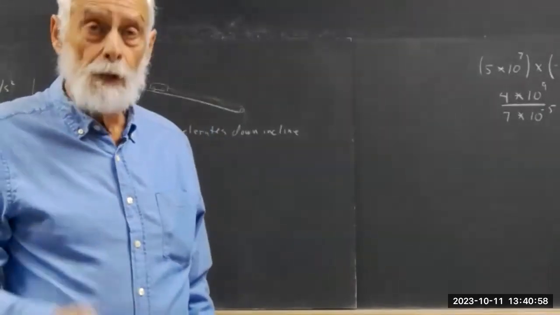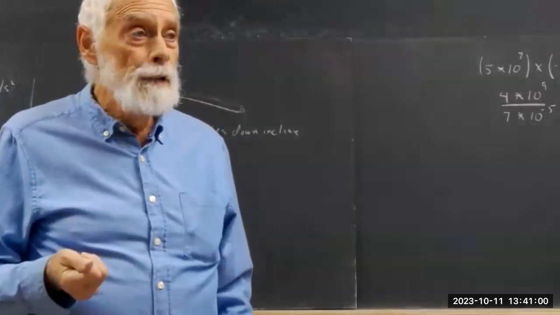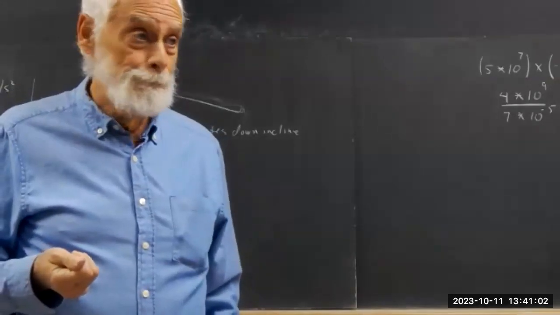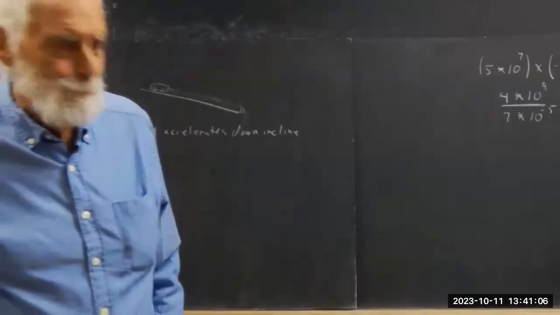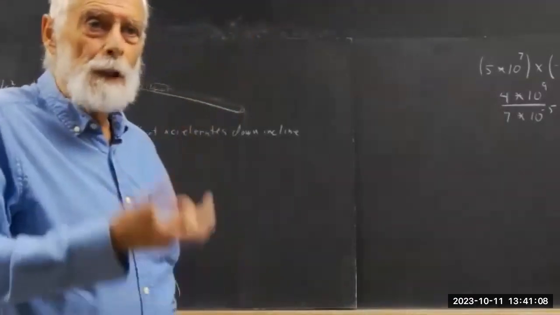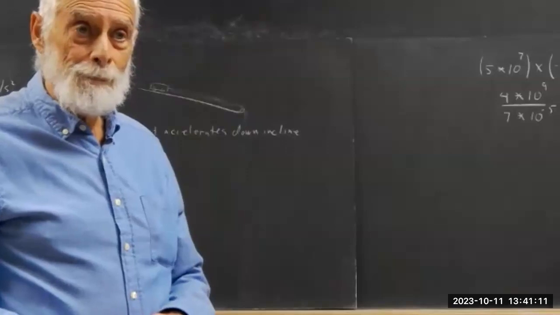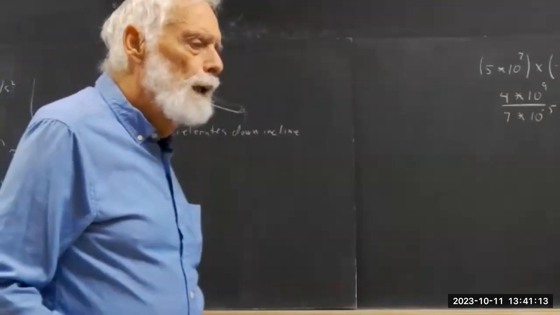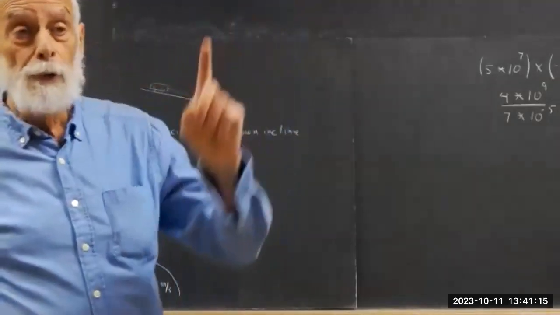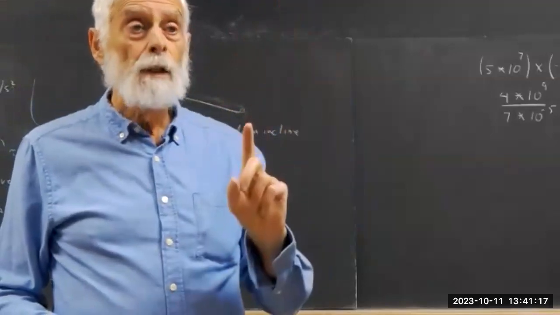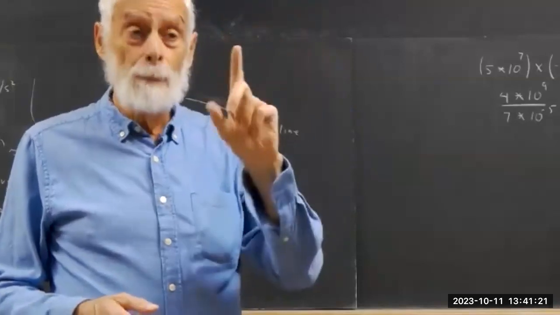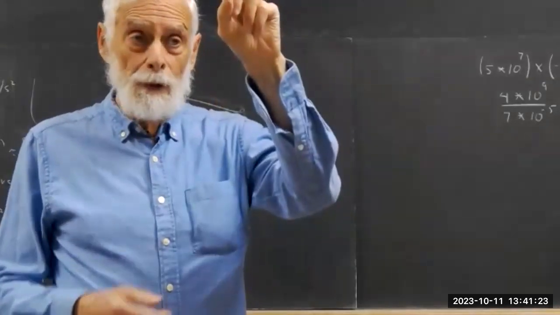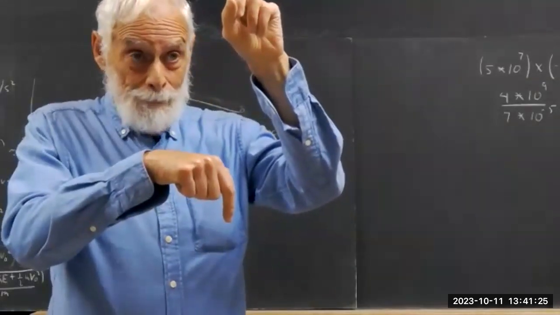If I toss this chalk up in the air, it comes back down. If I toss a ball up, it comes back down, right? Gravity does work on it as it goes up. It's the product of the force times the displacement. It's a dot product.